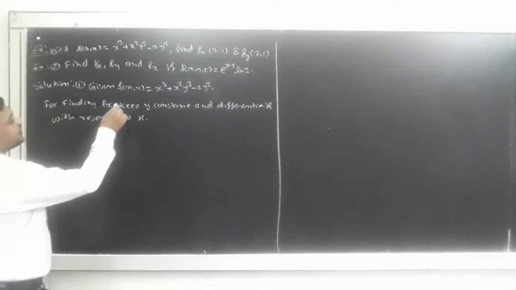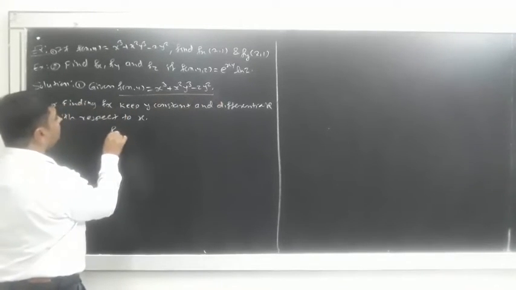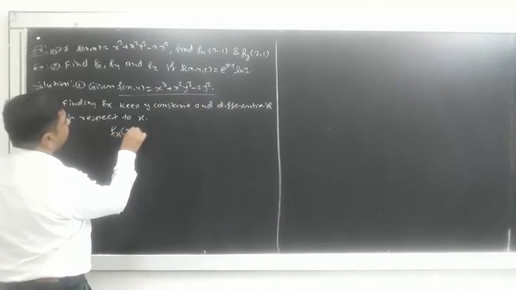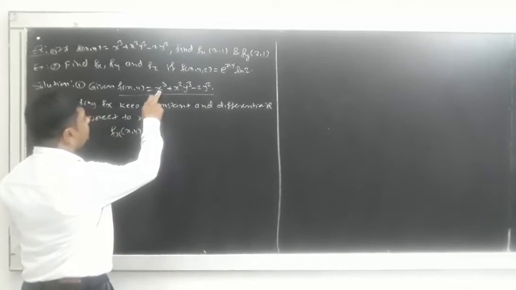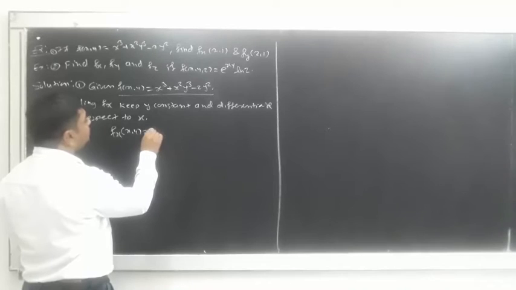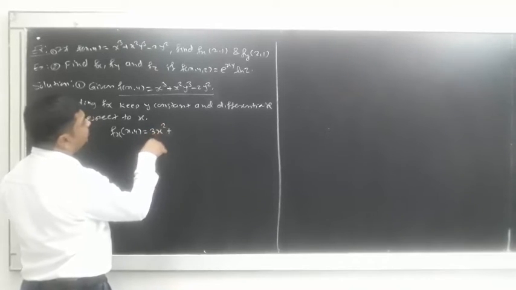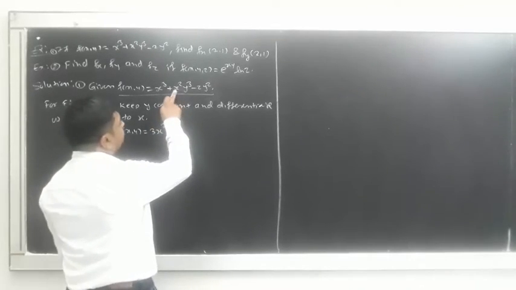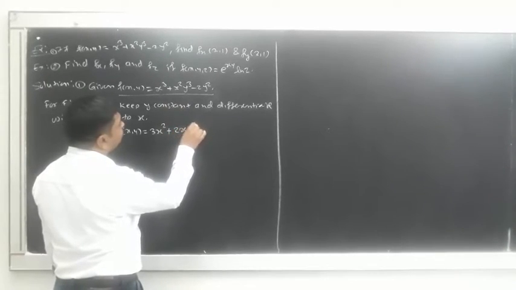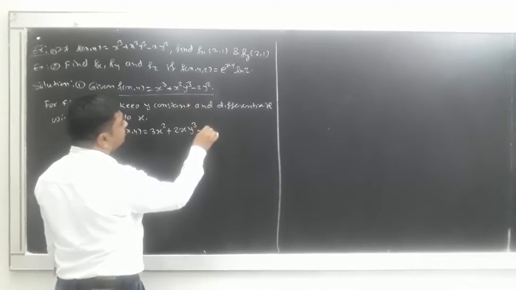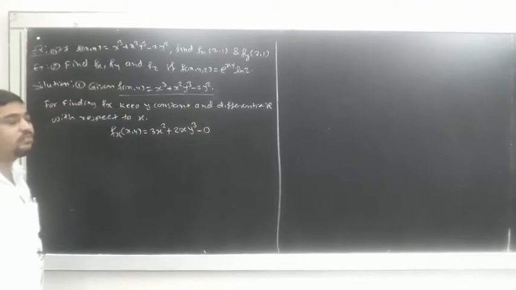Okay, so what is the derivative? This derivative is fx at point (x,y) is equal to what? The derivative of x cube is 3x square, plus here y is constant, so only x square gives 2xy cube, minus 0 because y is constant.